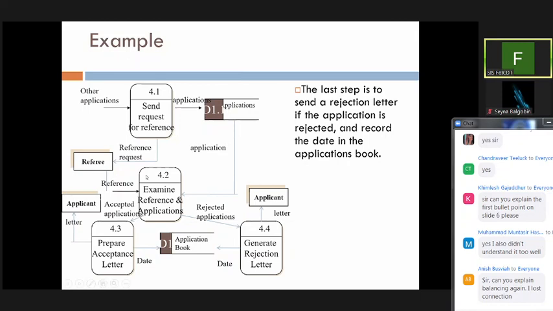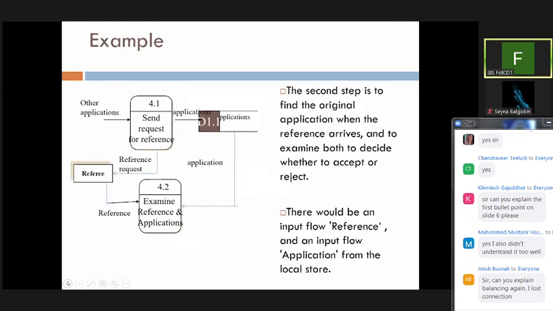Two possible reasons. One, you made a mistake while doing the level DFD. You just correct it. Second one, because it's a more detailed description, there's a mistake in the higher level DFD. So you just have to go back and correct it.